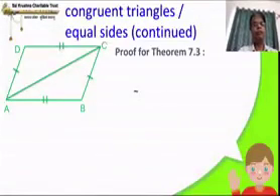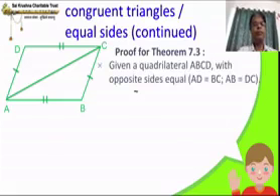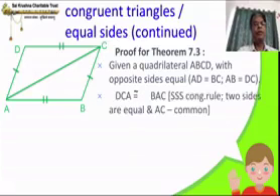So now there is a proof for theorem 7.3, the converse of 7.2, which we are going to see now. Given a quadrilateral ABCD with opposite sides equal, that is AD equal to BC and AB equal to DC, we will see that triangles DCA and BAC are congruent. The reason is the SSS congruence rule.